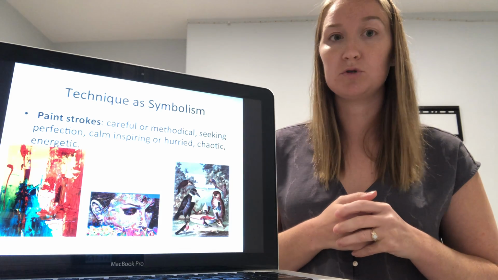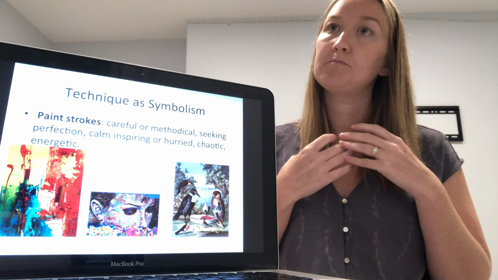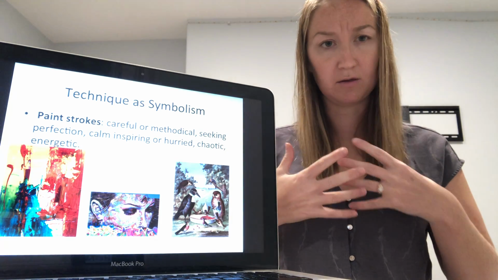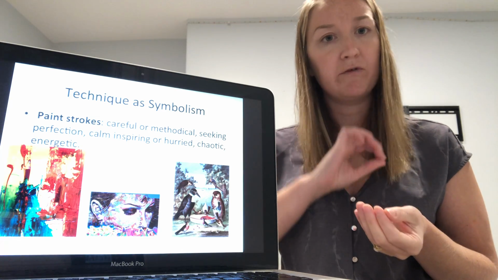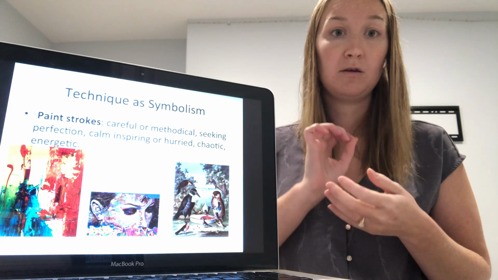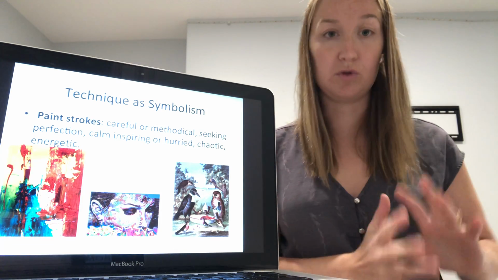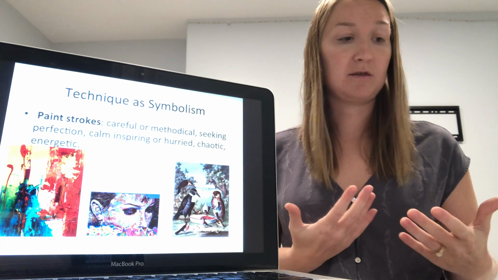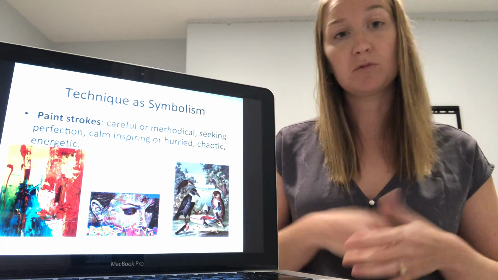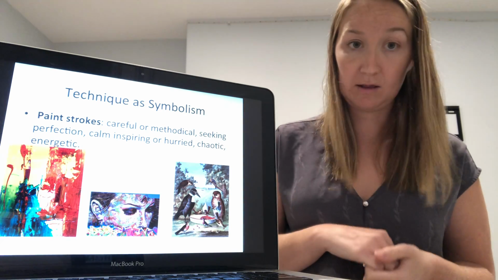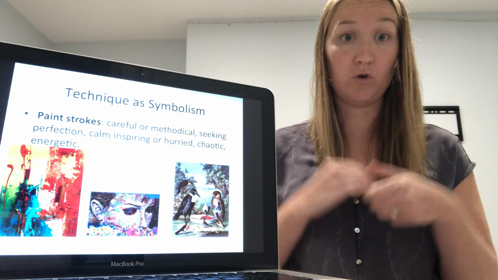If you want to portray ideas of perfectionism or something like that, then you want to have very, very careful, concise brush strokes in your painting. So you can use those things. Painting is great because it's something that we readily have available here. So if that fits your needs, then that's something to think about using for your idea.